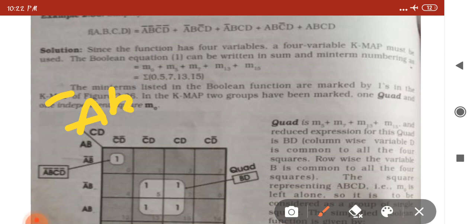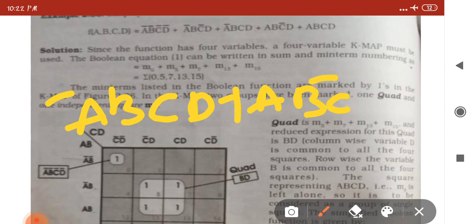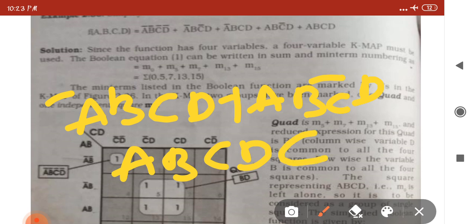A bar B C D plus A B C bar D, A B C D. BCD is common. Yes, I am going to remove this one.